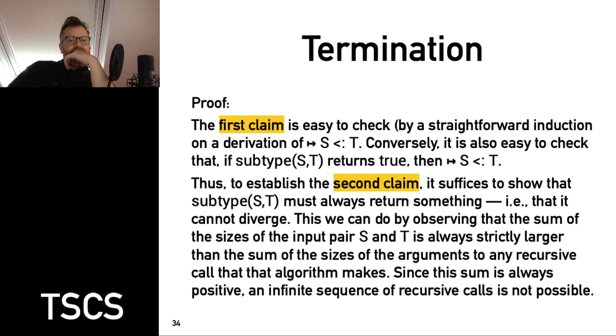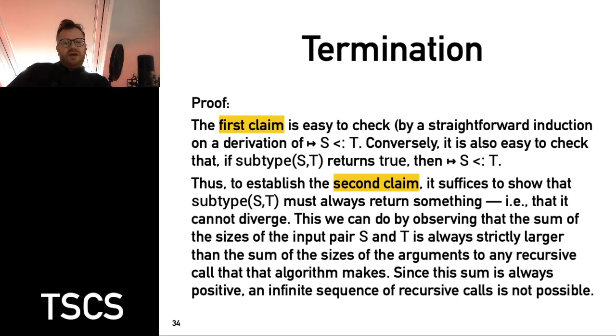But since the sum is always positive, an infinite sequence of recursive calls is then not possible. This is a classic termination proof, as you would do in other algorithms. So if you've taken some of the courses from the algorithms department, this should feel very familiar to you. And if not, you just make this clear yourself.